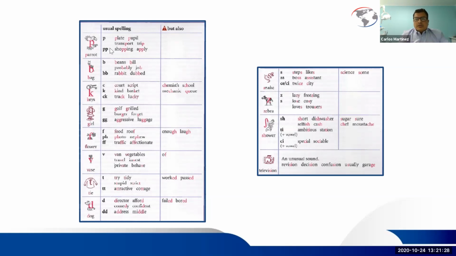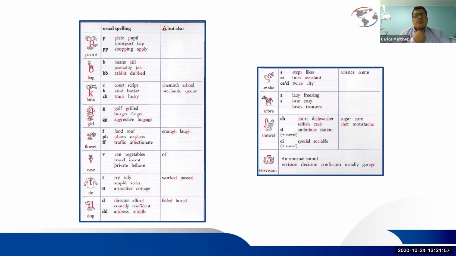Then we have the Z. The Z can be represented by the letter Z or the letter S. But notice, in S we have no vibration. The Z sound has vibration in your throat. So this is not going to be "lasy," no, it's going to be "lazy," "freezing."